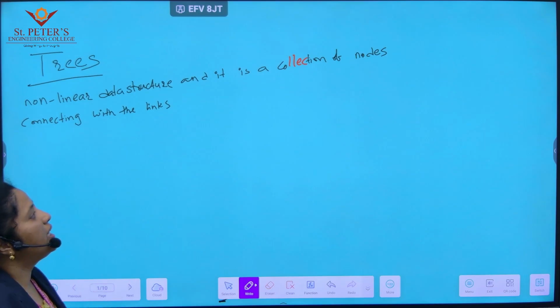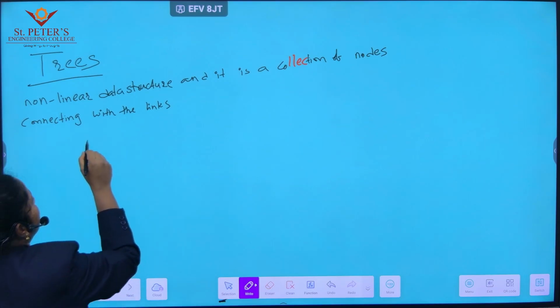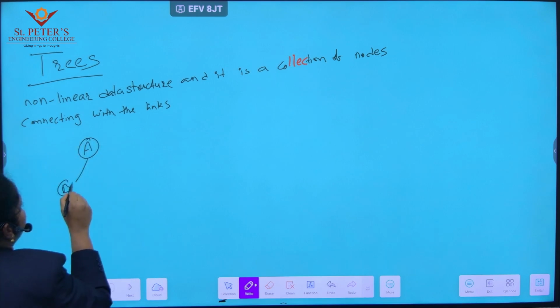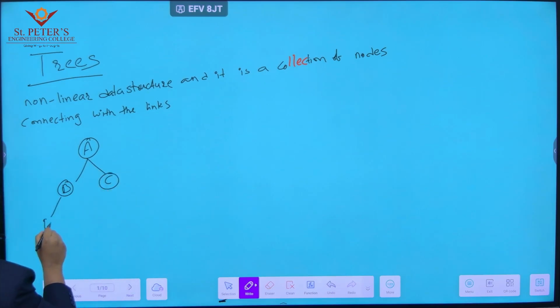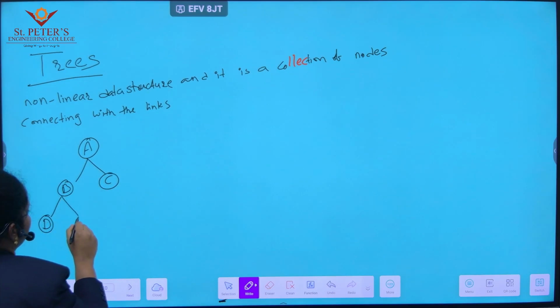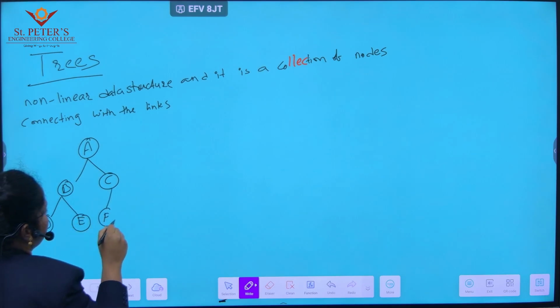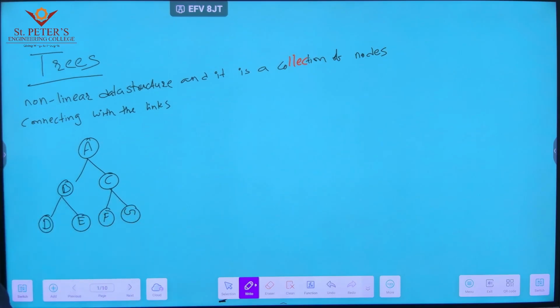So here I am taking a simple example of a tree. This is a tree diagram.